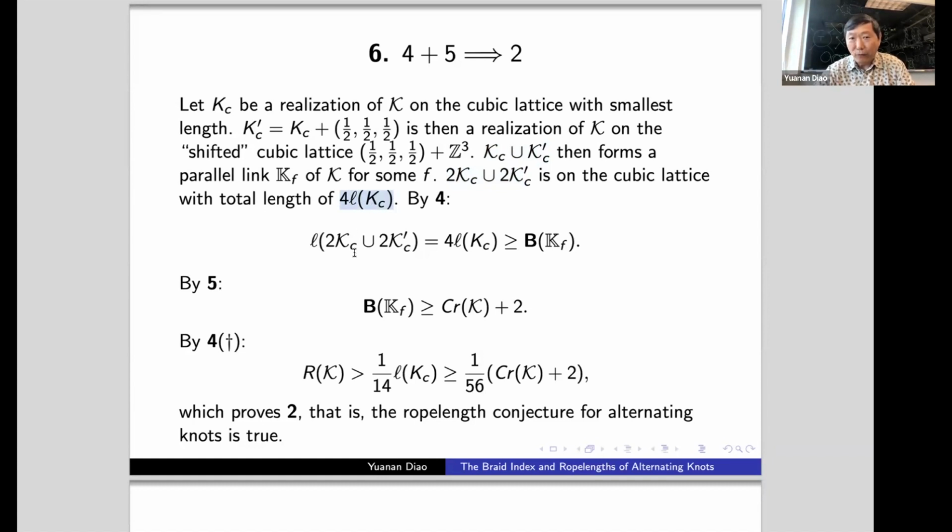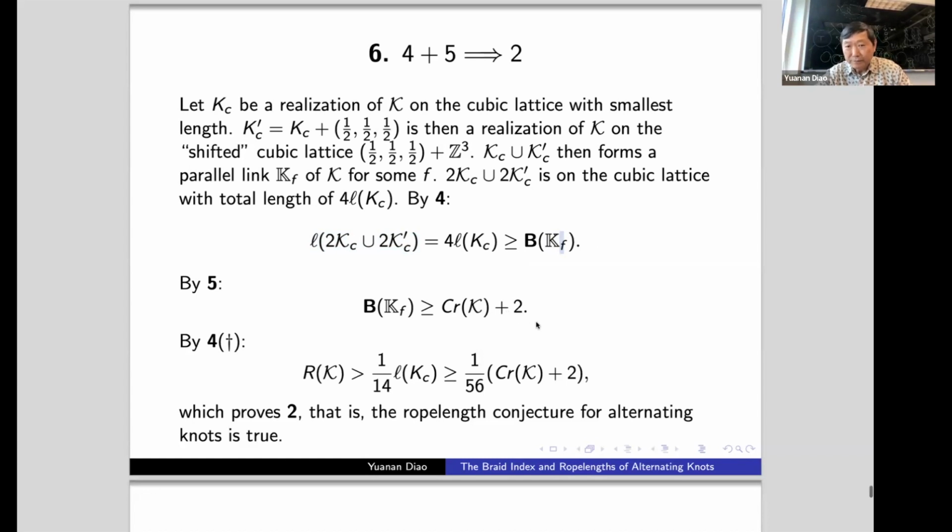So therefore, 4 times the length of your realization is bigger or equal to the largest Braid index of this double, right? We know this double has some linking, some framing number in there, but it doesn't matter, right? We know this number is bigger or equal to the crossing number of K plus 2.